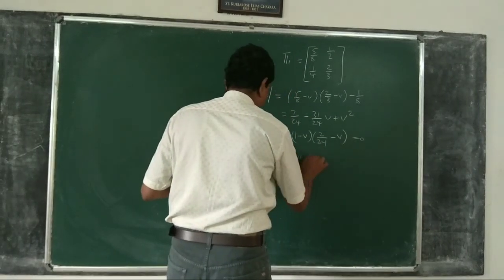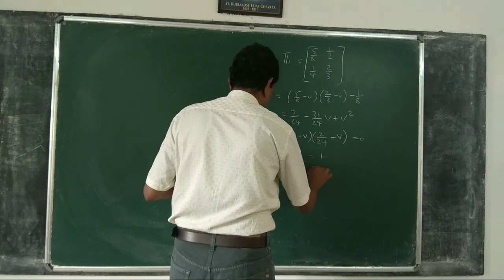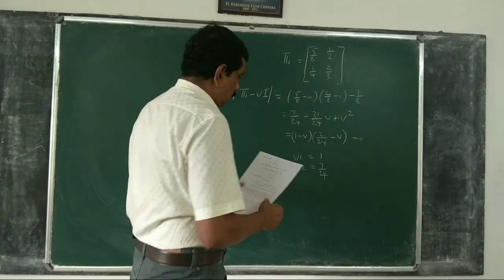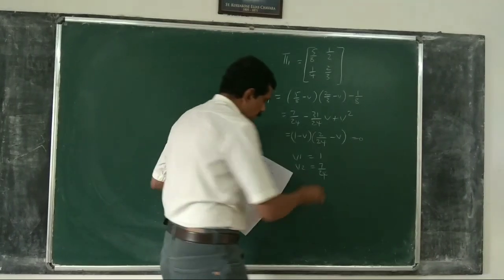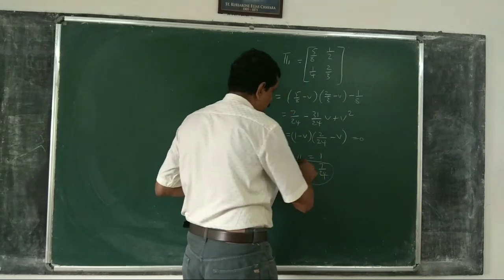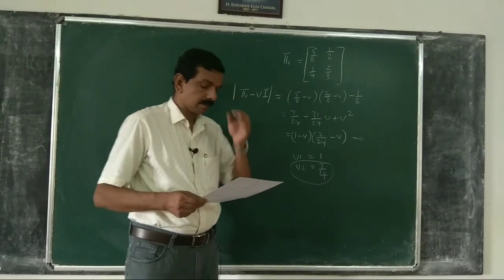You will get v1 as equal to 1, v2 as equal to 7/24. Now as you can see, one root has modulus less than 1. The other root is equal to 1. So the VAR is not stationary.